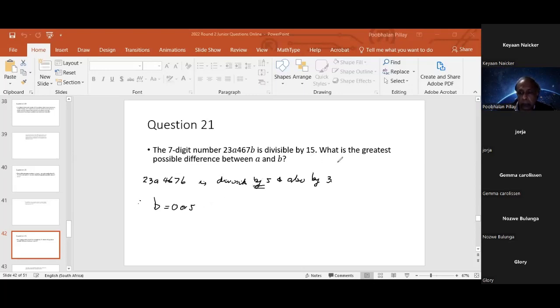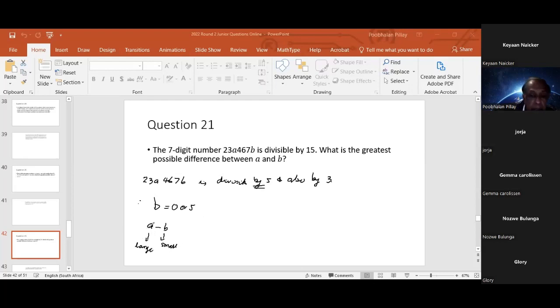Now again, look at the question. What is the greatest possible difference between A and B? In other words, when I subtract these two numbers, I want that to be as large as possible. So when I subtract A minus B, I want that to be as large as possible. To do that, B must be as small as possible and A must be large.